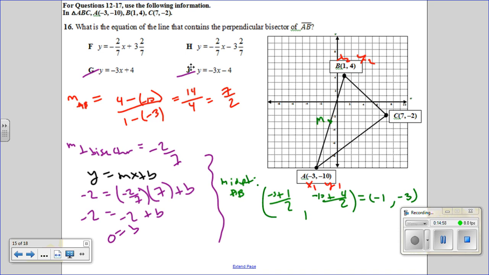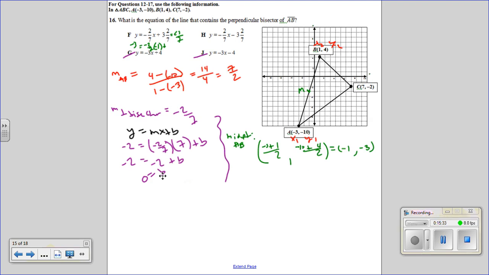So now I'm going to plug that in to see if I get a balanced answer. So y is negative 3, negative 2 over 7 times x, which is negative 1, plus, I'm going to convert this into an improper fraction, 21 plus 2 is 23, so 23/7. Let me extend the page.